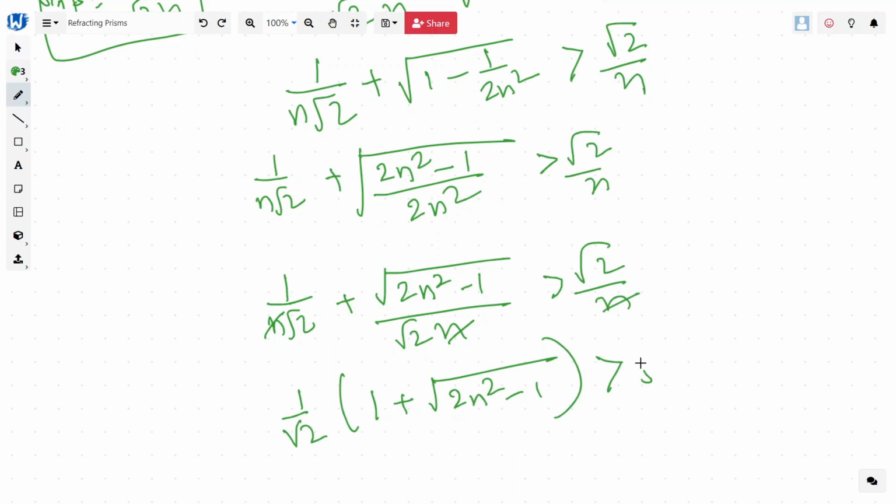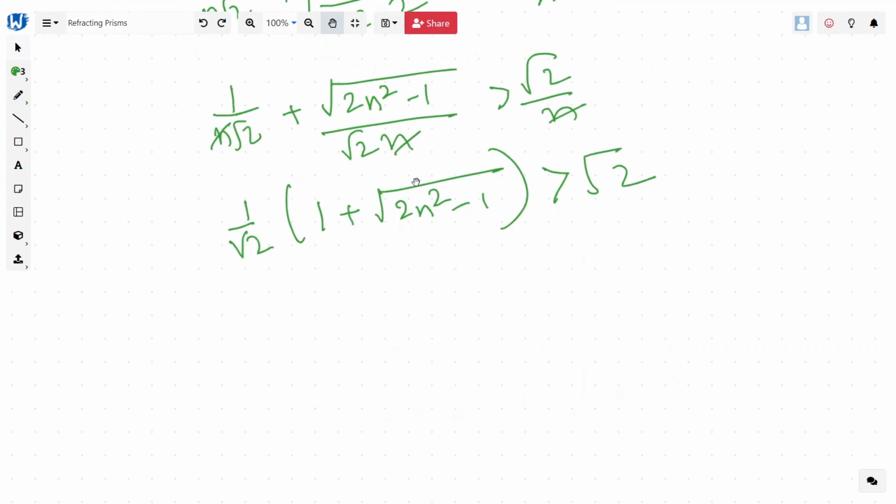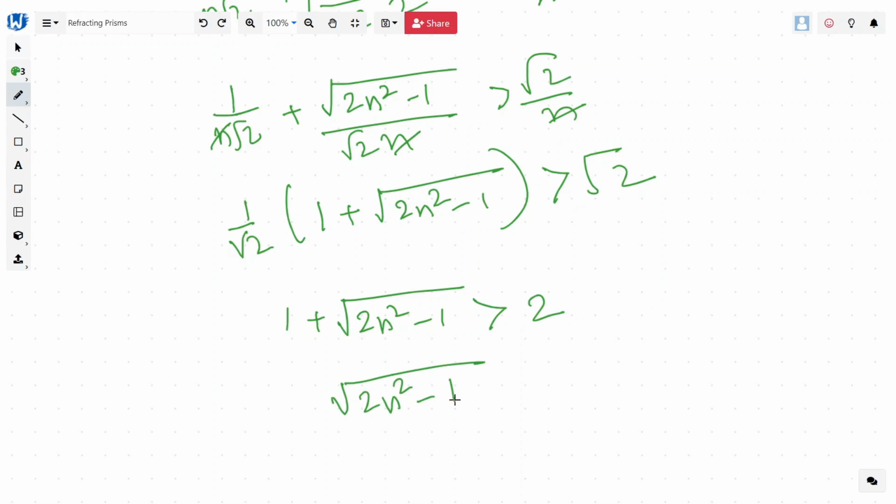This has to be greater than 2. Okay. Take it to the side. We basically have a very simple equation here now. It says that 1 plus n square has to be greater than root 2 into root 2, and then n square minus 1 has to be greater than 1.